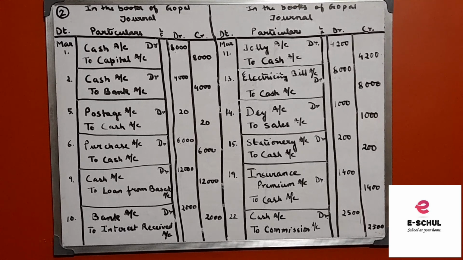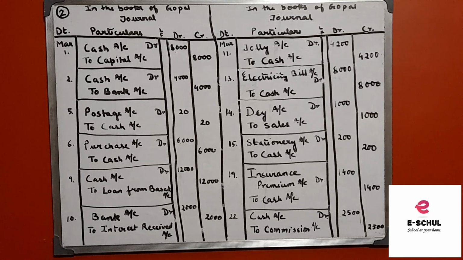Fine. Coming to the next one, that is 11th March. Paid to Jolly as advance. You have given Jolly an amount of cash as advance. So Jolly account is receiver here. Jolly account debit to cash account. Simple. Next, paid electricity bill. Electricity bill is your expense, nominal account.